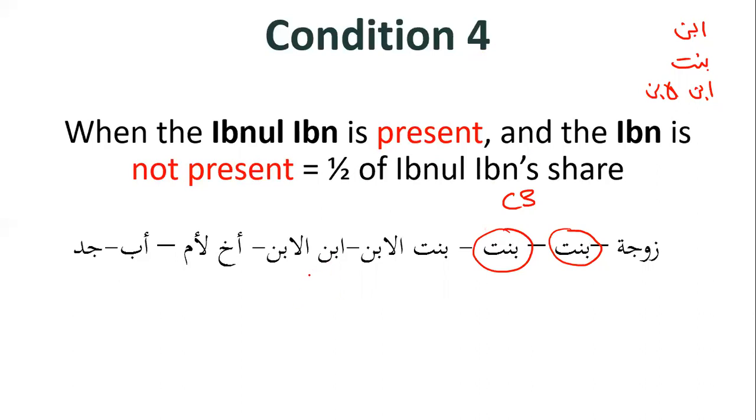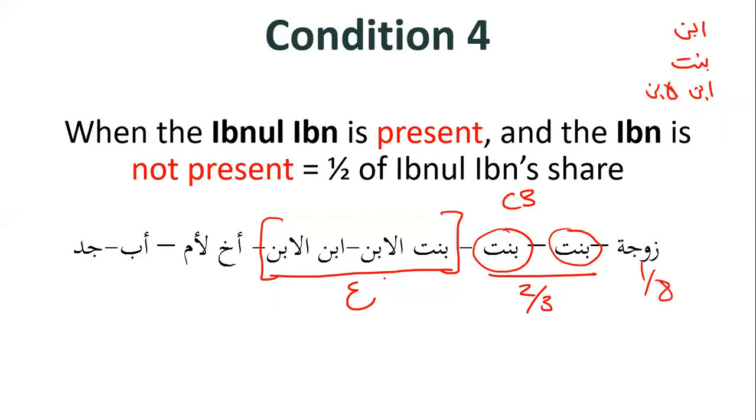So when the Ibnul Ibn is present, we know that the Ibnul Ibn, Bintul Ibn together, draw a line. This becomes Asaba, and the 1 bint or 2 bints will not have an effect on this. So whether it's 1 bint, 2 bints, 3 bints, whatever it is, they will not have an effect on this over here. This will still remain Asaba. And we know from before that the 2 bints over here will receive 2/3, Zawja 1/8, Akhli mahjub, Jad mahjub, and Ab 1/6.